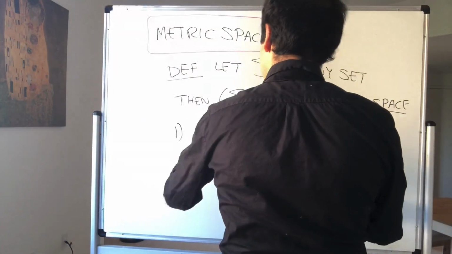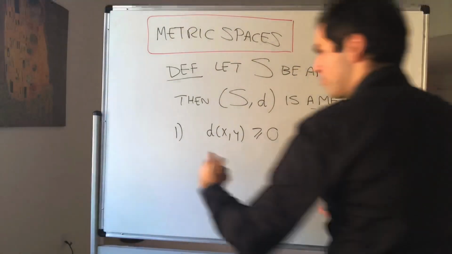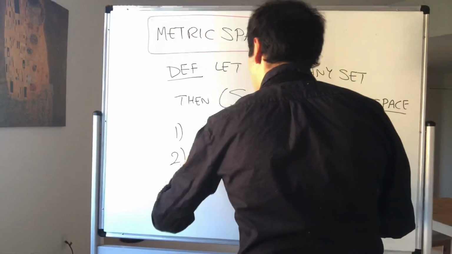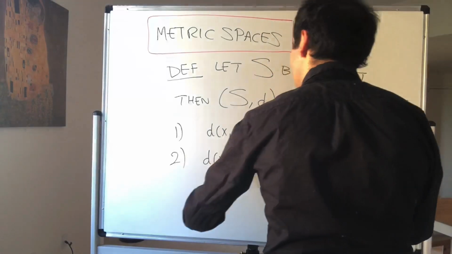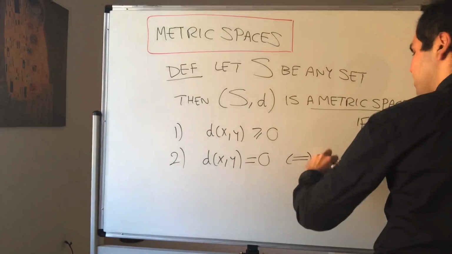Namely, the distance between 2 points is always non-negative. The only way the distance between x and y is 0 is if the 2 points are the same to start with.